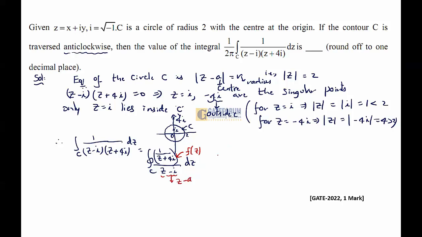So what is your answer? 2 pi i into f of a, where a value is i, using Cauchy's integral formula.